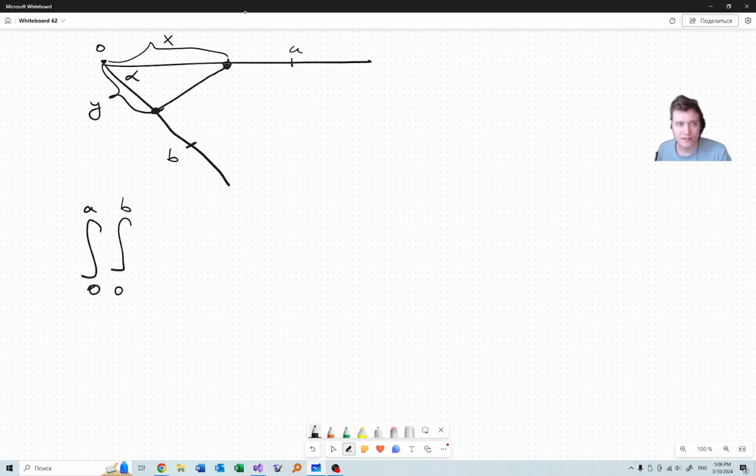Okay, what is the length of this segment? Actually, it's simply the size of this vector. Let's call this point x and this point y.